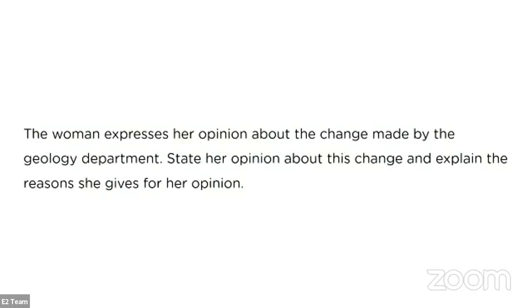The woman expresses her opinion about the change made by the geology department. State her opinion about this change and explain the reasons she gives for her opinion.